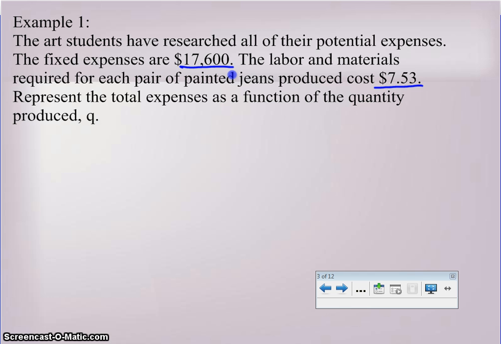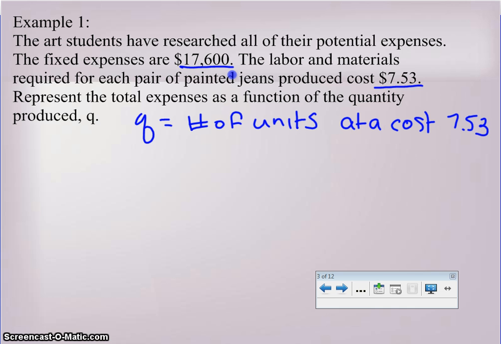Represent the total expenses as a function of the quantity produced, Q. So the first thing we need to recognize is, again, Q is number of units at a cost of $7.53 per unit. And so our variable expense formula is variable expenses equal 7.53 times Q.